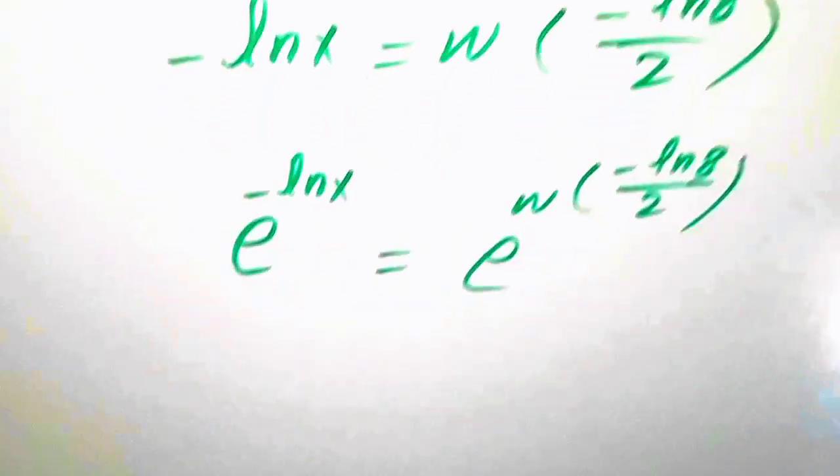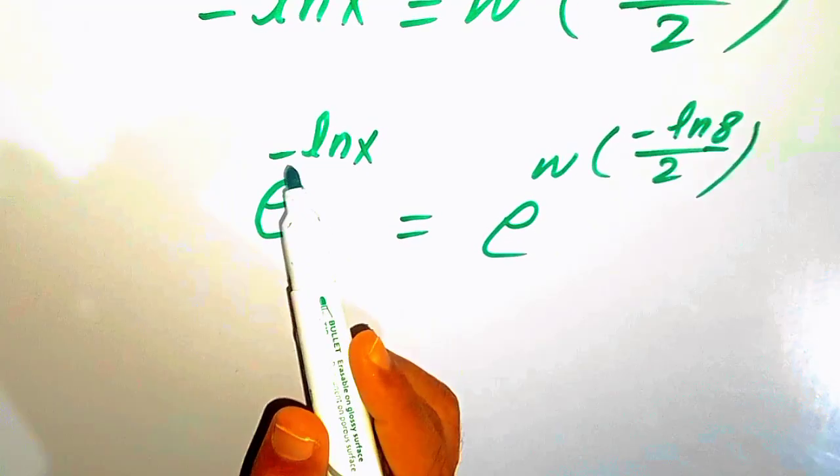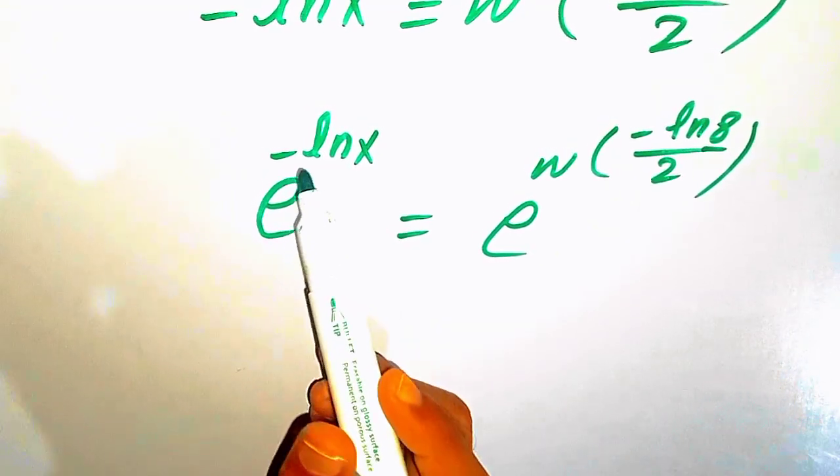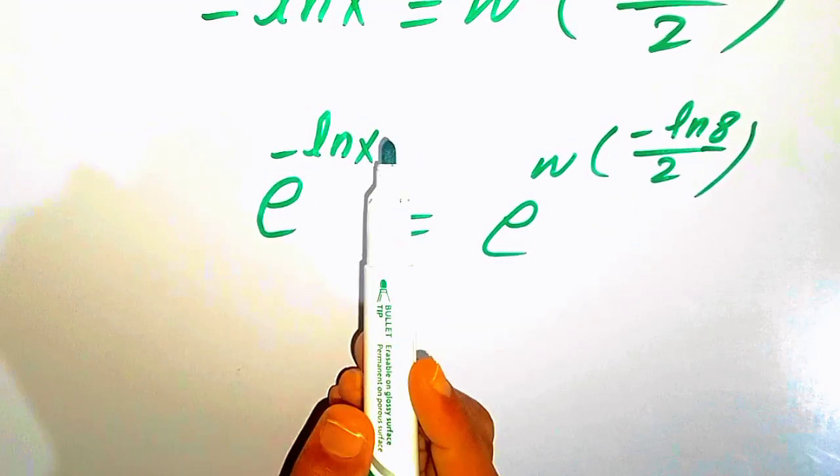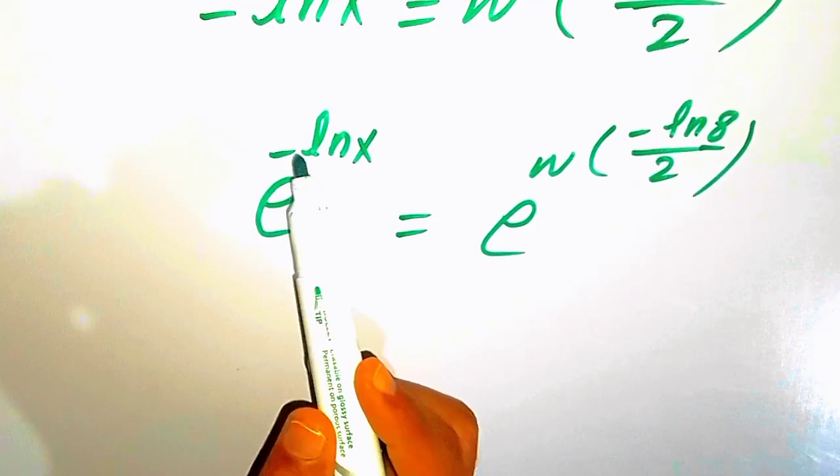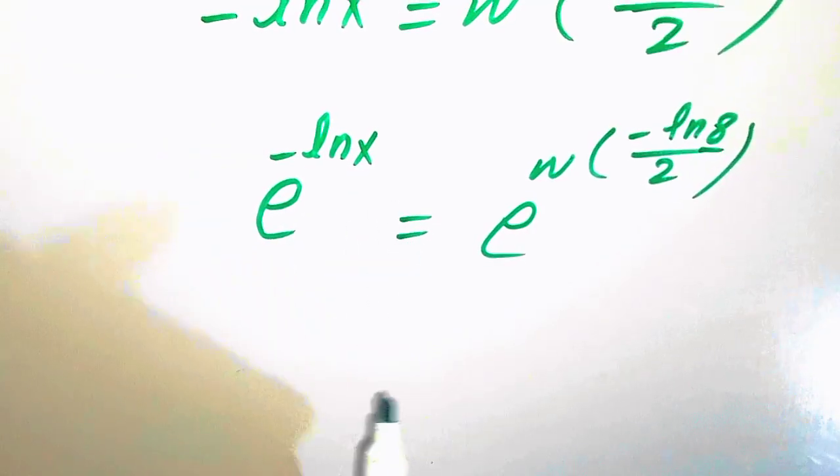On the left side, this minus is a coefficient of -1, so it comes to the power, and this becomes e^(ln x^-1).